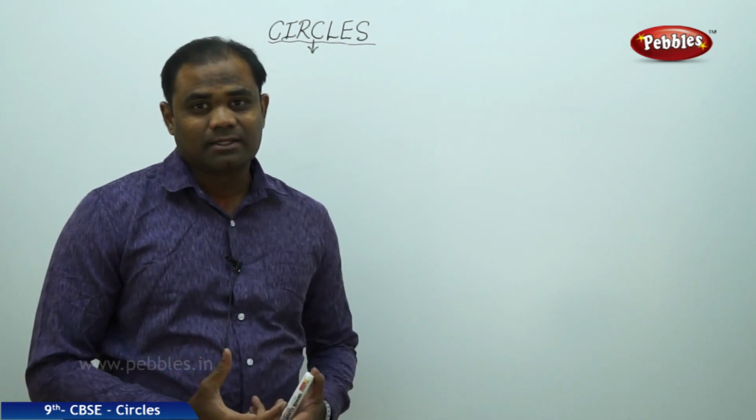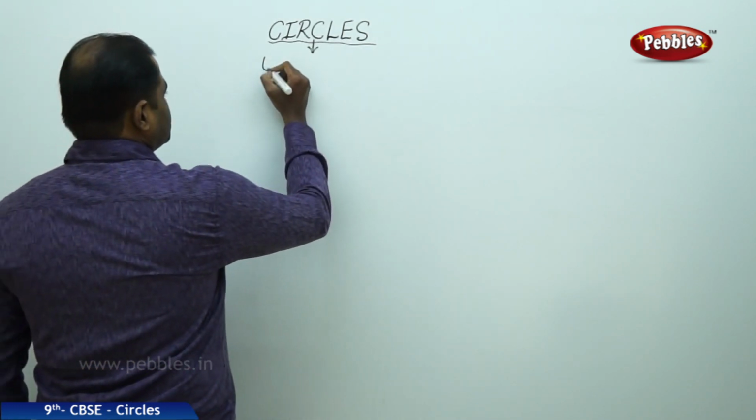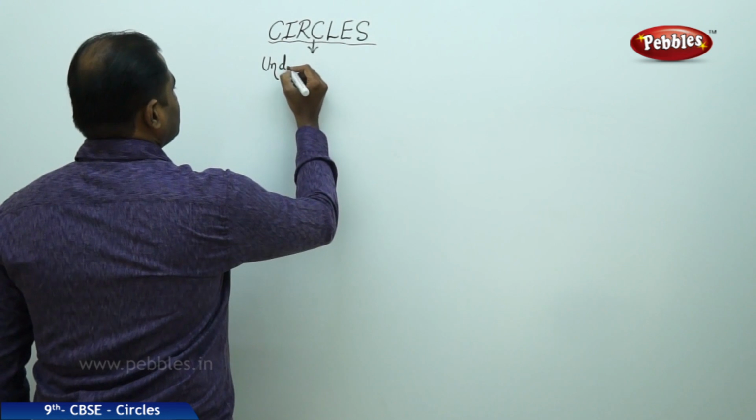Now that we have discussed the center and the radius, the question is how we can connect the center and radius, or how we can define the radius in different ways. So here the session is about understanding the radius.